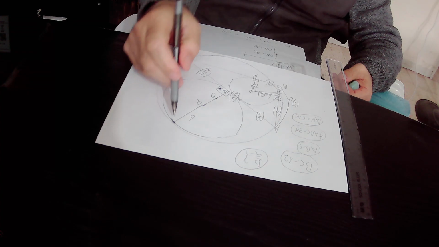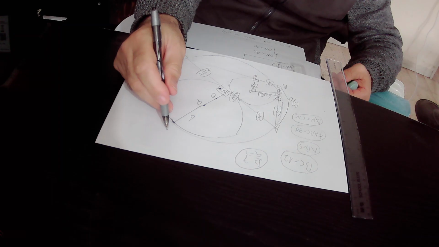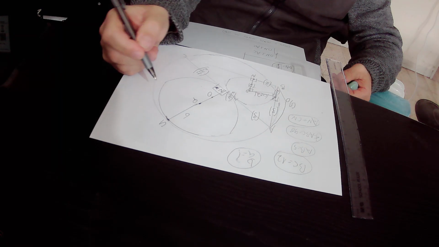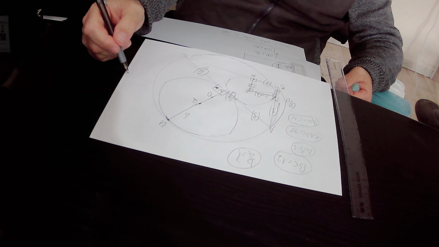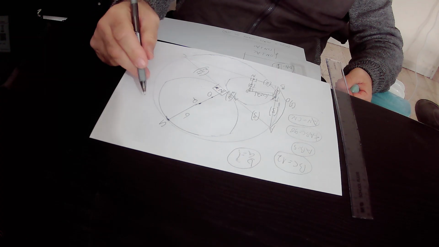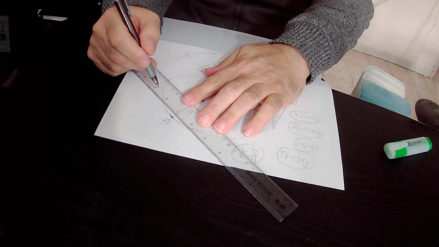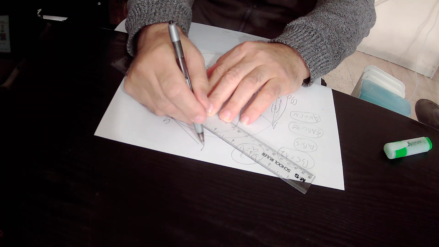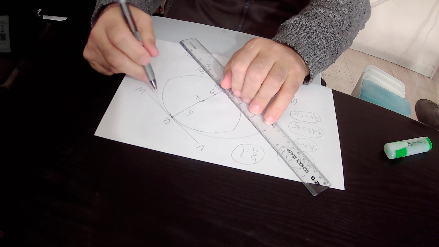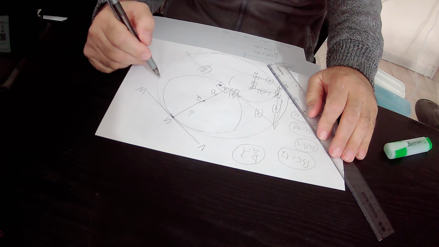Define the touching point between this circle and the bigger circle as point U. We draw tangent VW, that will be tangent to both circles at point U. This is tangent VW, that is tangent to both circles at point U, to this circle and to the biggest circle.